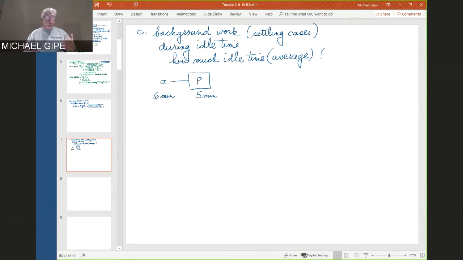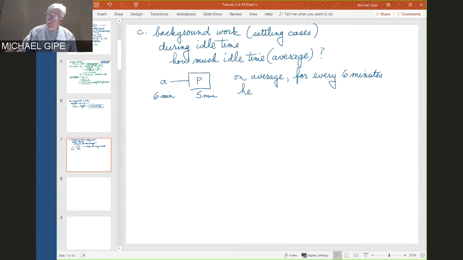So on average, once every 6 minutes, an email comes in. So on the average, for every 6 minutes, or 1/10 of an hour, he or she is going to have 6 minus 5, 1 minute of idle time.